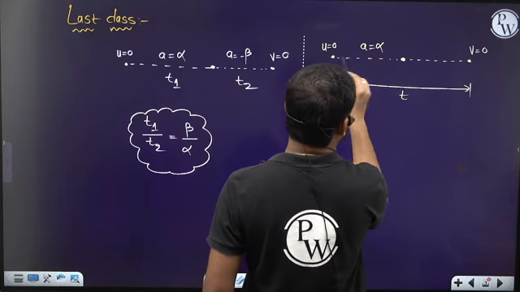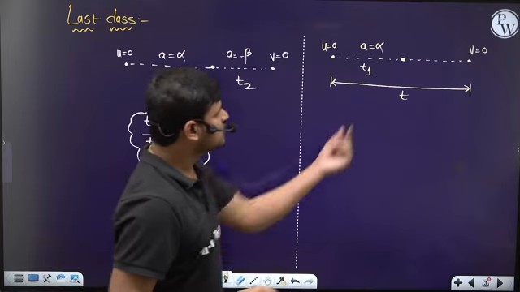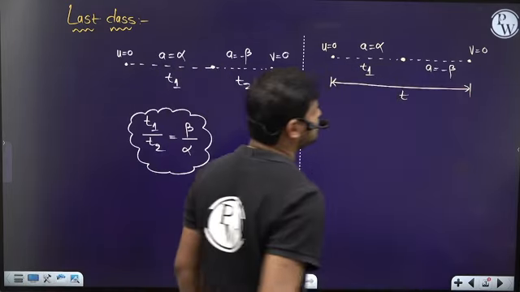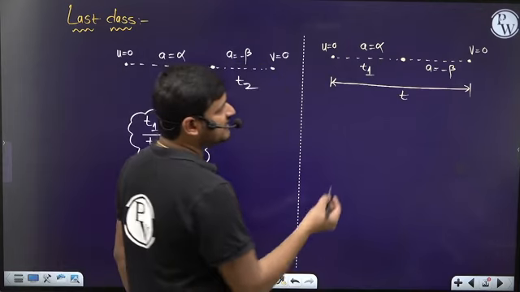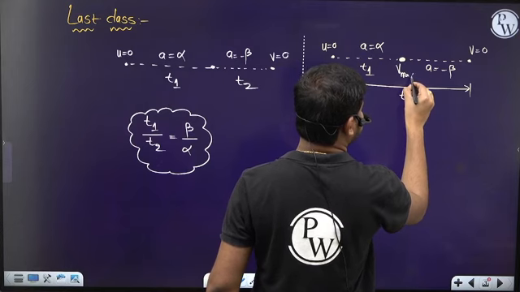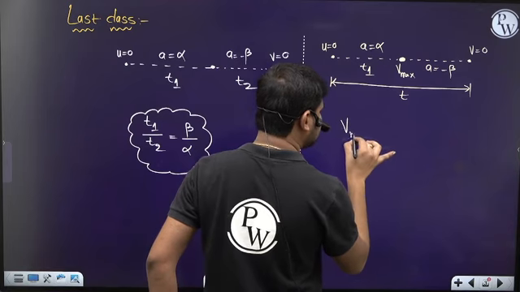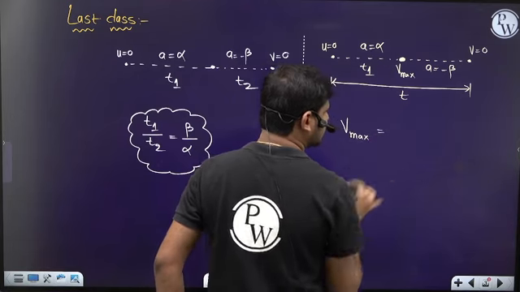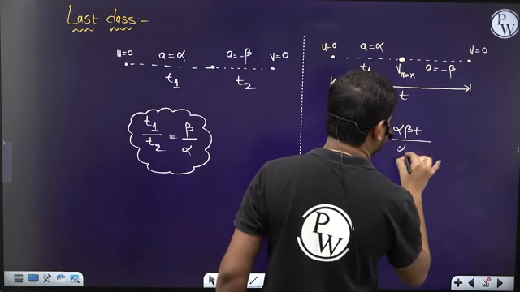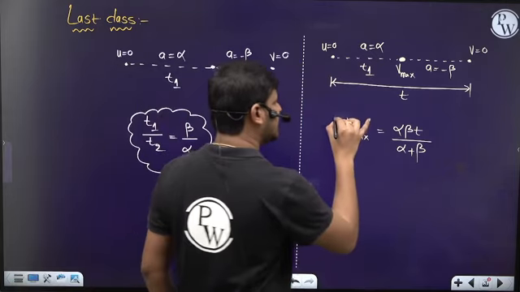In time t1 it accelerates at a equal to alpha, and from here it decelerates at the rate beta, so acceleration is equal to minus beta, and here its velocity will become maximum. What is that maximum velocity that we derived in the last class? Alpha beta t by alpha plus beta. This is the maximum velocity.